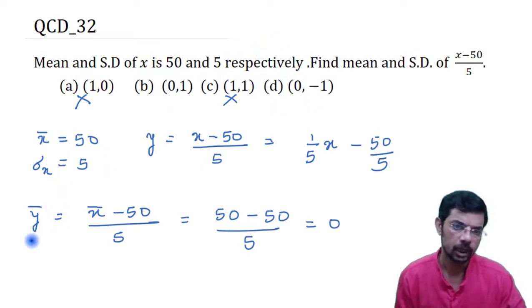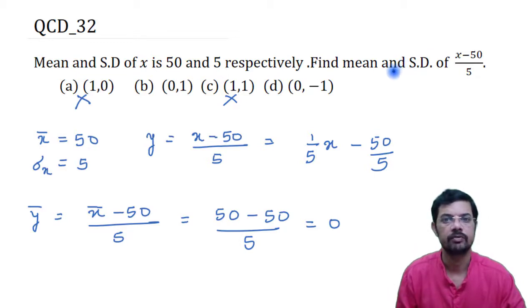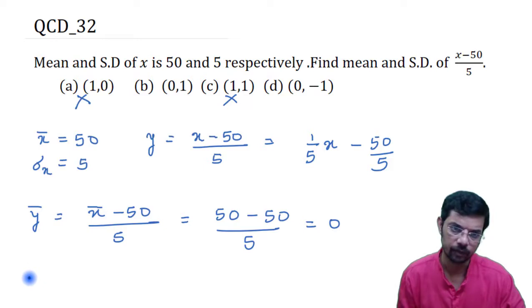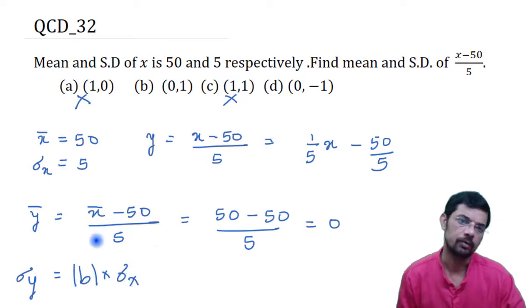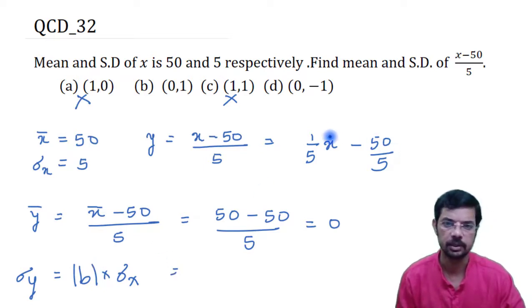Now, the standard deviation is not affected by the change in origin, but it is affected by change in scale. So the standard deviation of y is equal to modulus of b into the standard deviation of x. What is b in this case? b is the coefficient of x, which is 1 by 5, and this is your a.